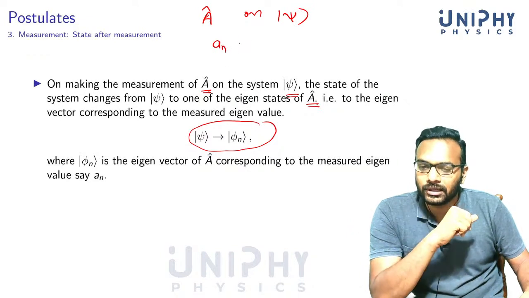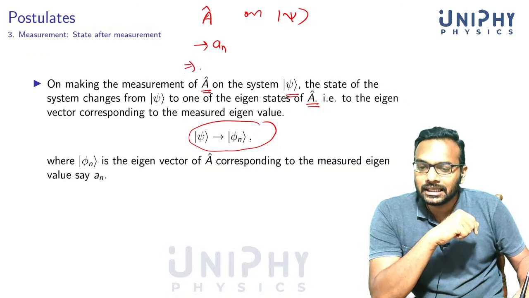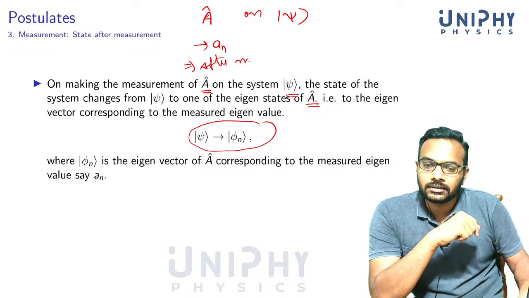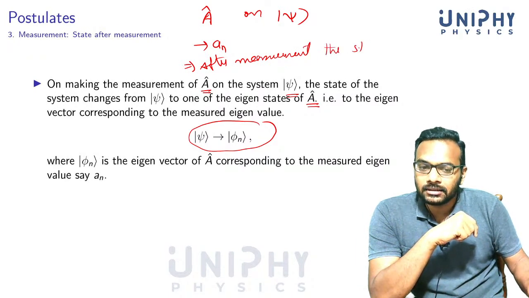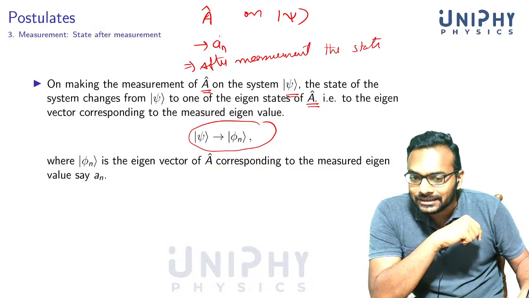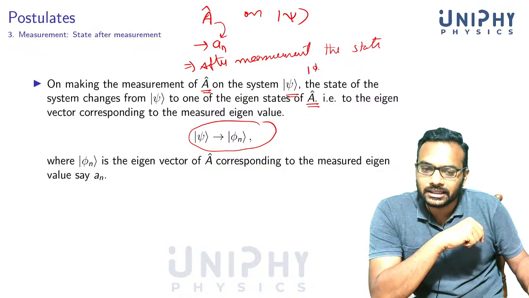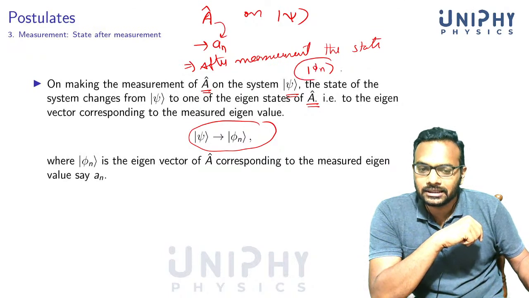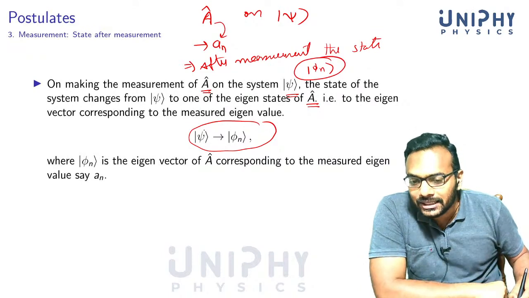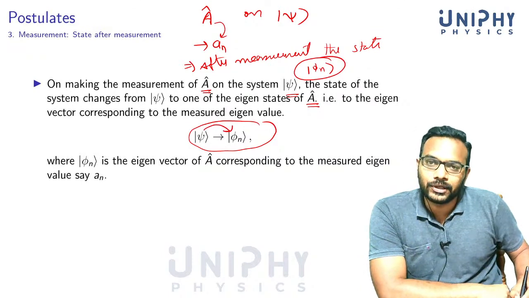This means that after measurement, the state is the eigenvector of A corresponding to this eigenvalue, which we can write as phi n. That's what happens. The state of the system changes when you make a measurement.